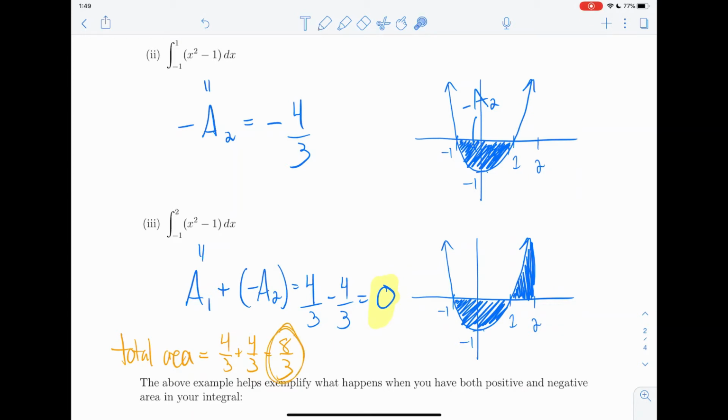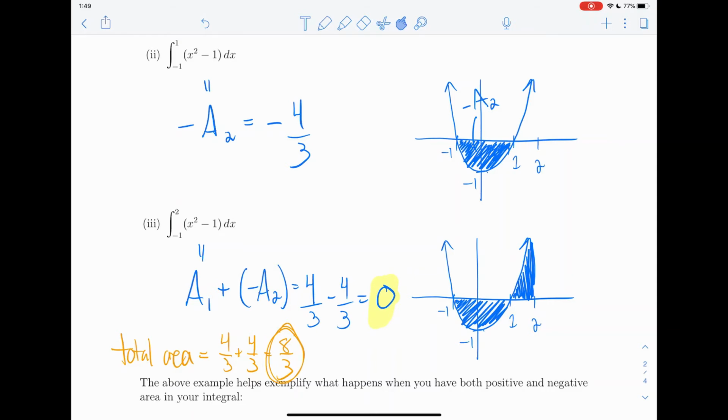That's just literally the amount of material you'd need in order to fill in the shaded regions here. It does not care about positive or negative. The integral is signed area, which allows negative area, which means it allows cancellation. Total area does not have negative area, and so it's literally just adding up all of the different areas.